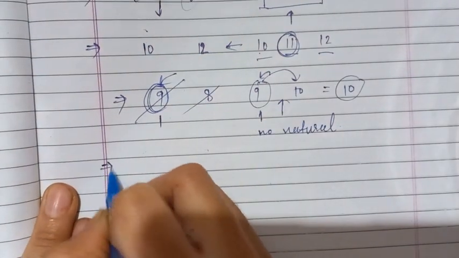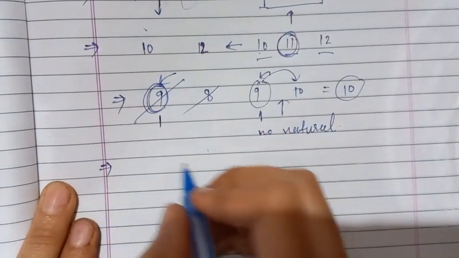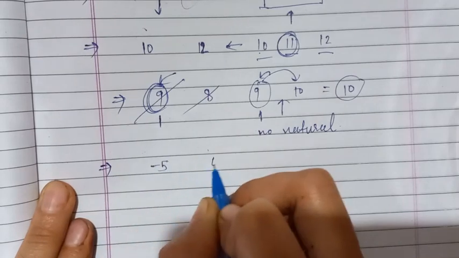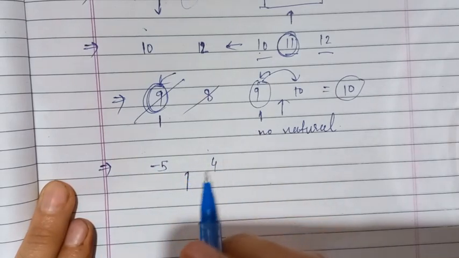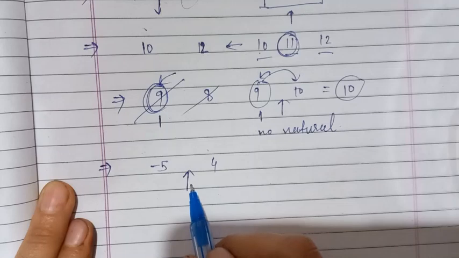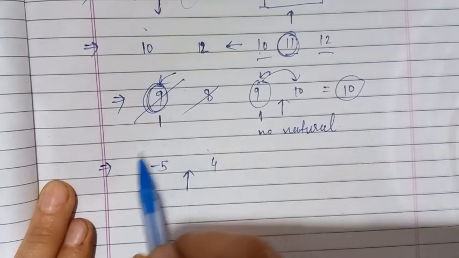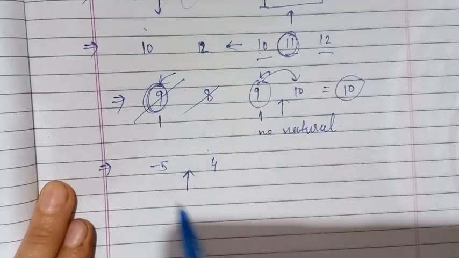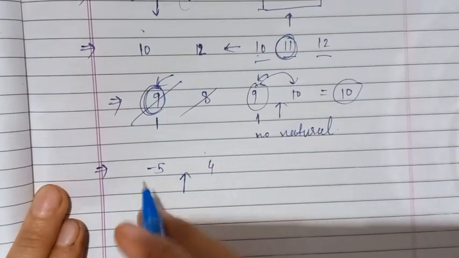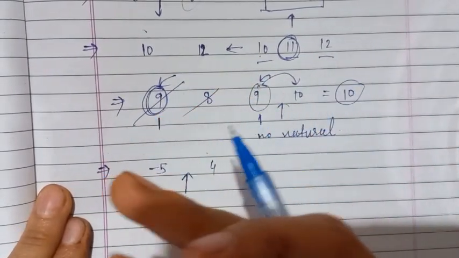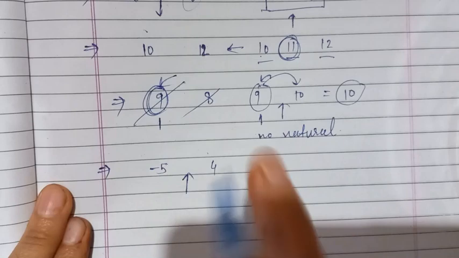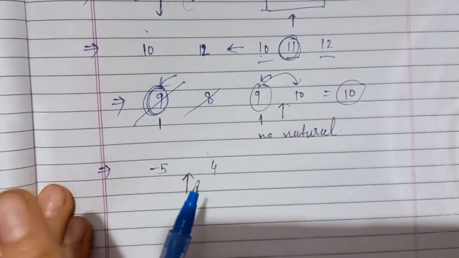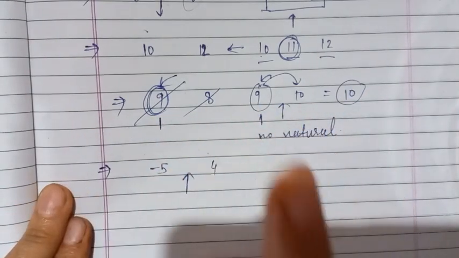Let's talk about integers. If we have -5 and 4, how many integers are there between -5 and 4? Again add 1 each time, because the difference between two integers, whole numbers, natural numbers is 1.